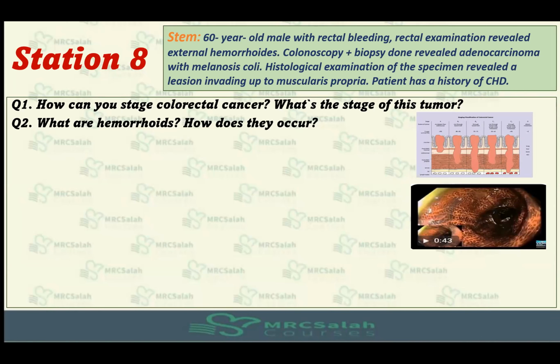Yes, swelling. So what's the pathogenesis of a thrombosed piles? In acute thrombosis, where there is sudden raised pressure, it causes rupture of the venous plexus of the anal cushion, which causes a blood clot in the anal wall.